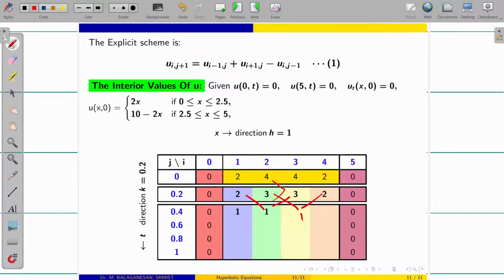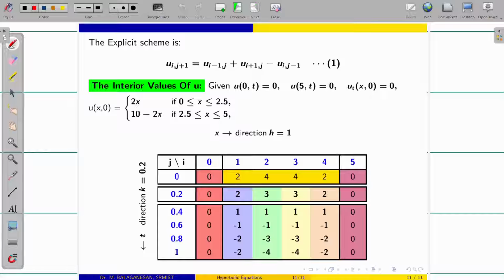Then similarly try to do all the steps and proceed in the same way. How are you getting -1 here? This one we have to find: 0 plus 1 minus 2, it will be -1. Similarly, proceed for everything. You can get the interior point values.